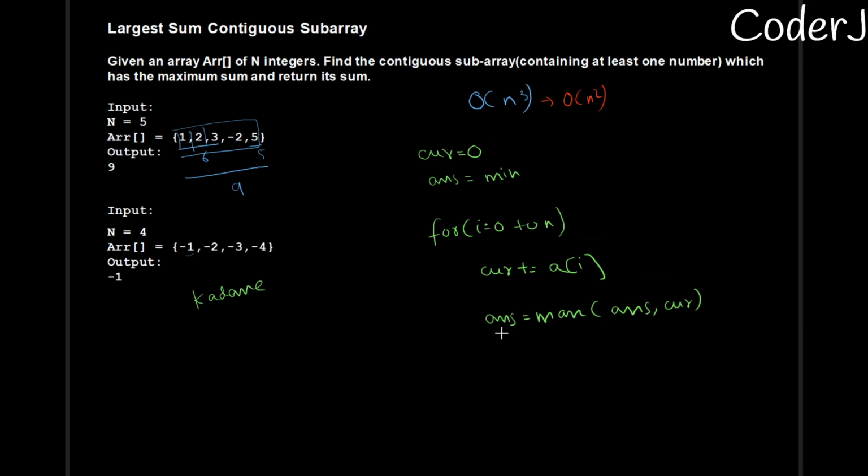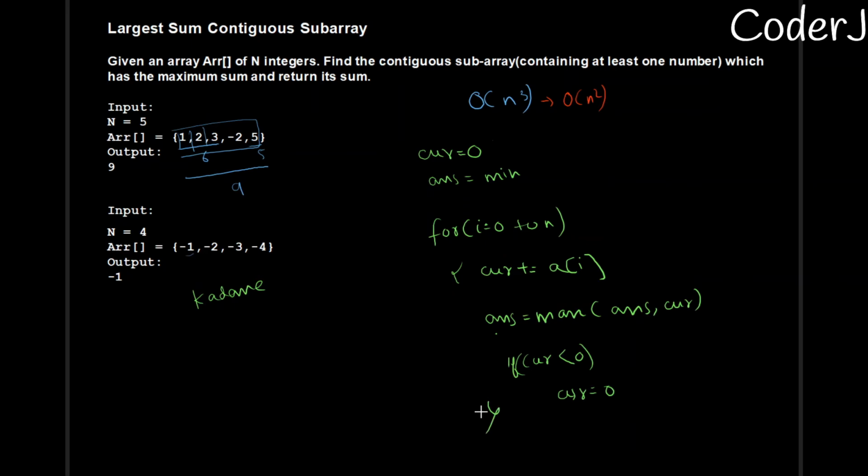So that is the logic of answer. And as for your current, if at any given point of time your current is less than 0, you make your current equal to 0. So yeah, this is the complete Kadane algorithm. This is all you need to know.